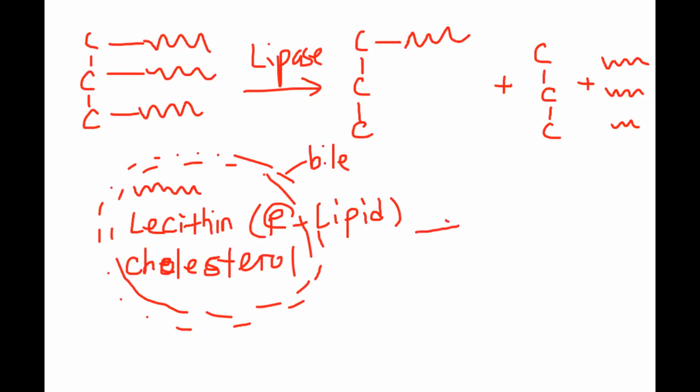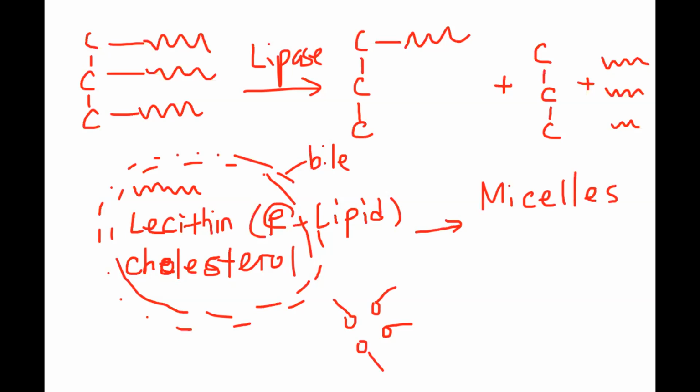This structure is called a micelle. If you heard about this one before, let me explain this. Let's say you have phospholipids. When you learn about the cell membrane structure, remember, it is made by phospholipids. These phospholipids have the head and tail.